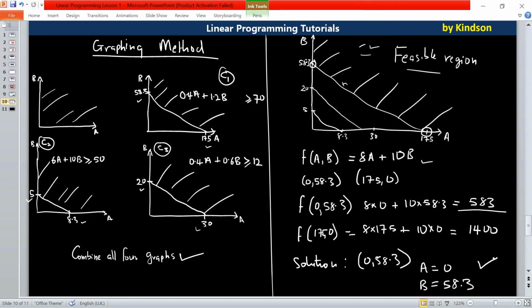So we have actually solved this problem and got the minimum value. The minimum value occurs here, and the solution for the minimum value is A equal to 0 and B equal to 58.3. So let's interpret this diet problem.